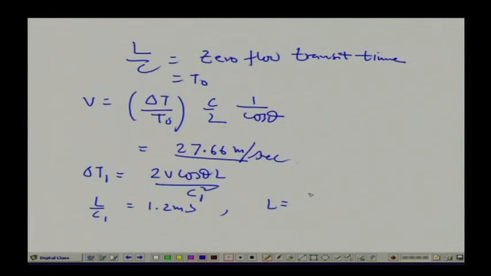So, I will get L equal to 1.2 into 10 to the power minus 3 into 500. So, it is coming as 0.6 meter, right. So, C1 will come up as 1.02 C1.